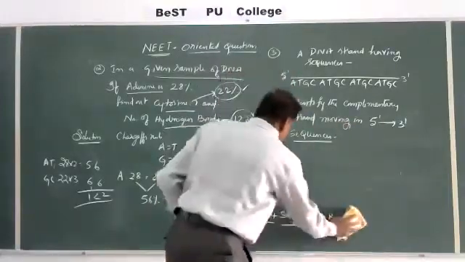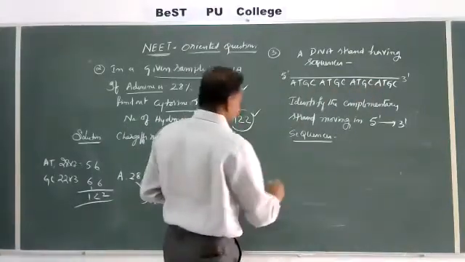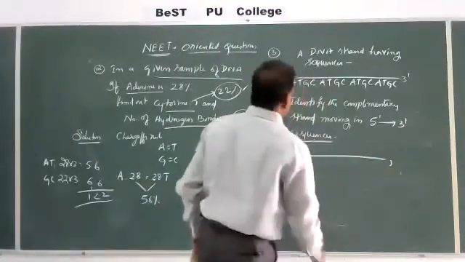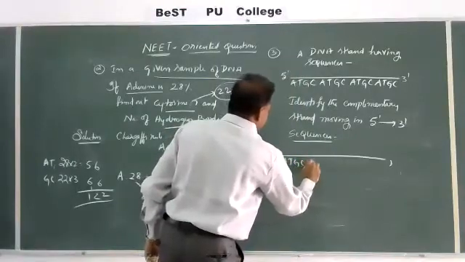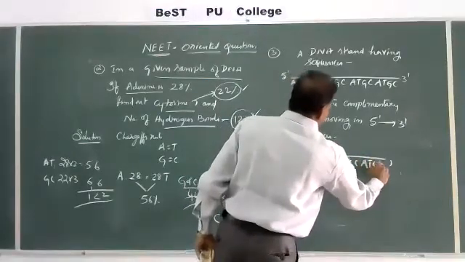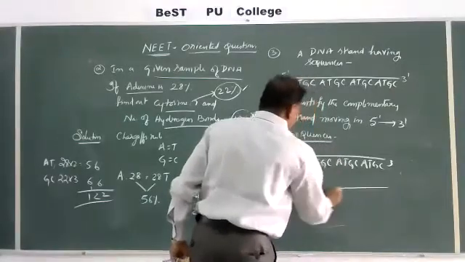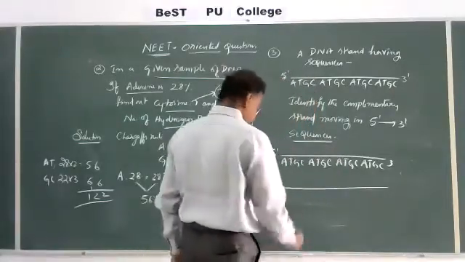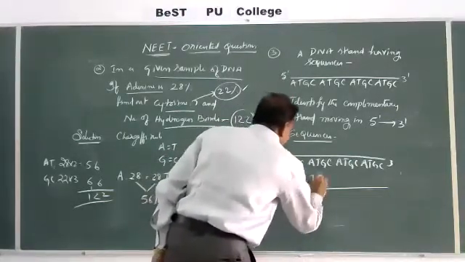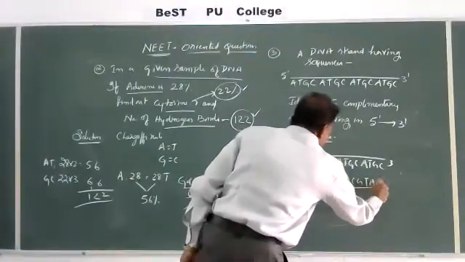Let us start how to get the answer for this. We'll take the same ATGC, ATGC, ATGC, ATGC. Here the complementary is TACG, TACG, TACG, TACG.